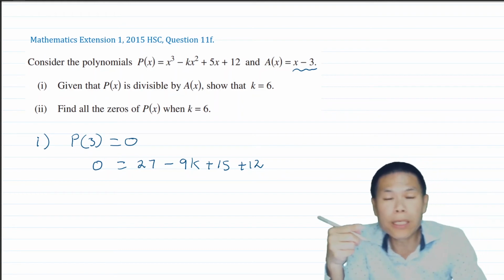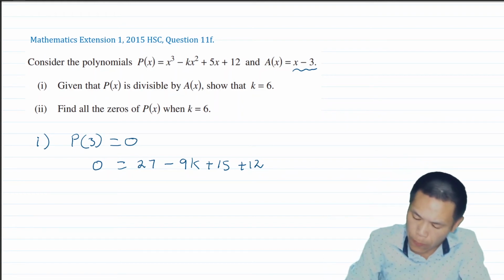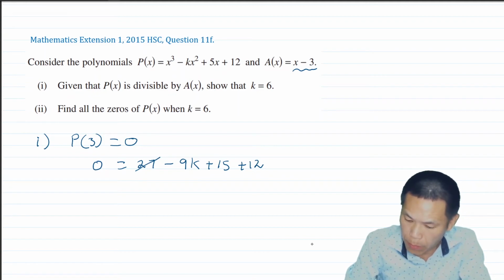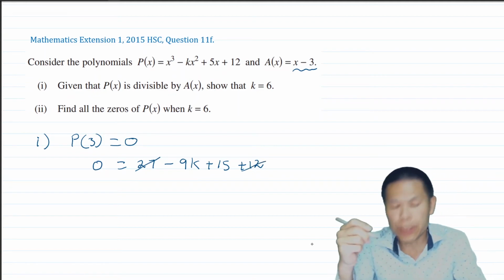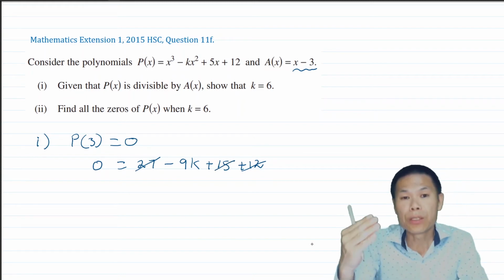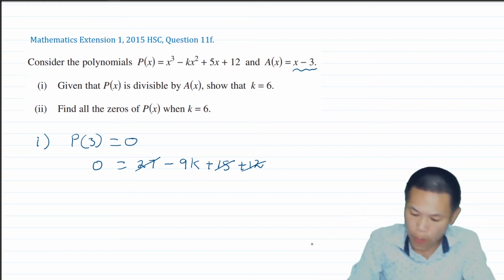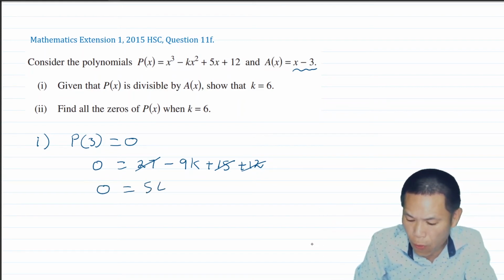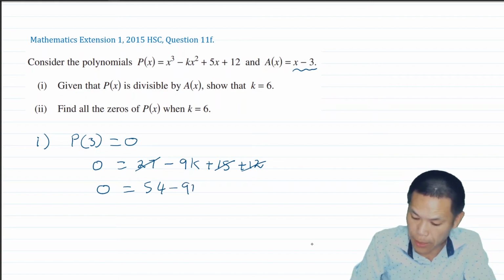And it should be 6. So we go 27 plus 12 is 39, 39 plus 15 is 54. So in other words, 0 equals 54 minus 9k.